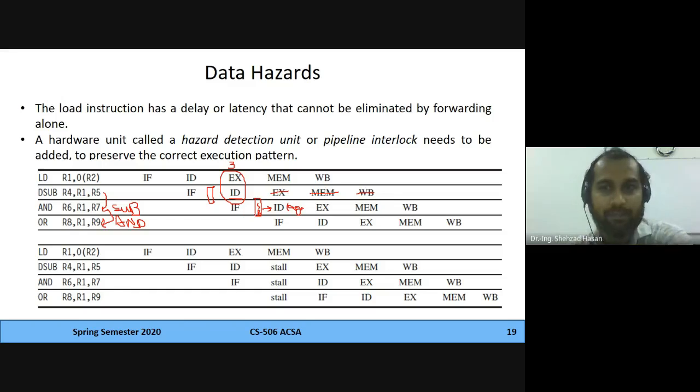I have written the steps in the next slide, I'm just discussing it over here. If you freeze the IFID pipeline register, anything fetched in the third cycle cannot be stored in that register. So if you have fetched the AND instruction and you cannot store its 32 bits, all these values are wasted, and then you have to repeat that procedure again.